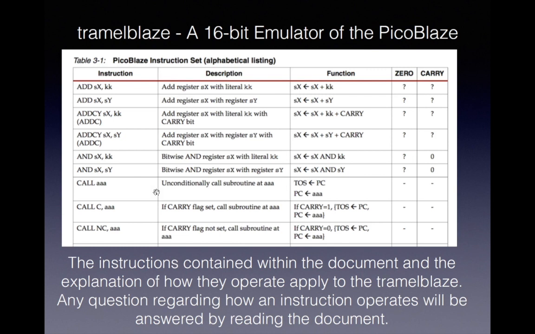The document shows you how every instruction operates, and if the flags, the carry or the zero flag, are going to be set. Whenever there's a question mark, that means it's determined by the result of that operation. If it's a 0, that means it'll always be a 0. If there's a dash, that means that instruction will have no effect on the zero or carry flag.